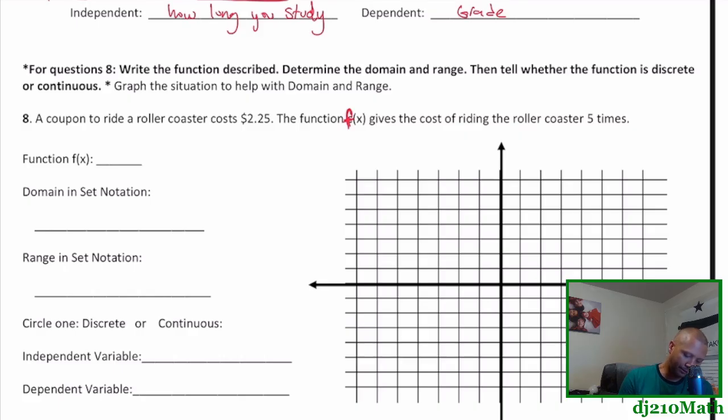All right, so f of x is going to be 2.25, that's definitely in our formula because that's one coupon, one ticket to ride the roller coaster.